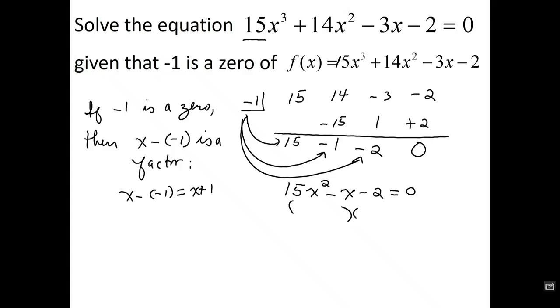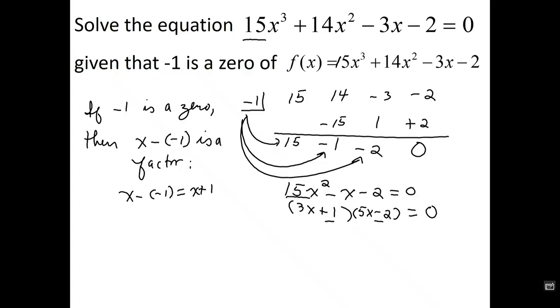Let's see if we can solve this quadratic equation by factoring. Yes, we have 3x plus 1 times 5x minus 2. And you should check to make sure that we have the correct factors here. 3x times 5x is 15x squared, and 5x plus a negative 6x is a negative x, and finally a positive 1 times a negative 2 is a negative 2.